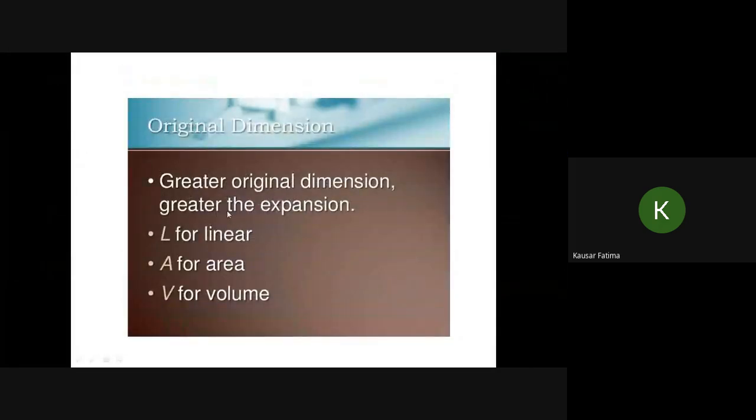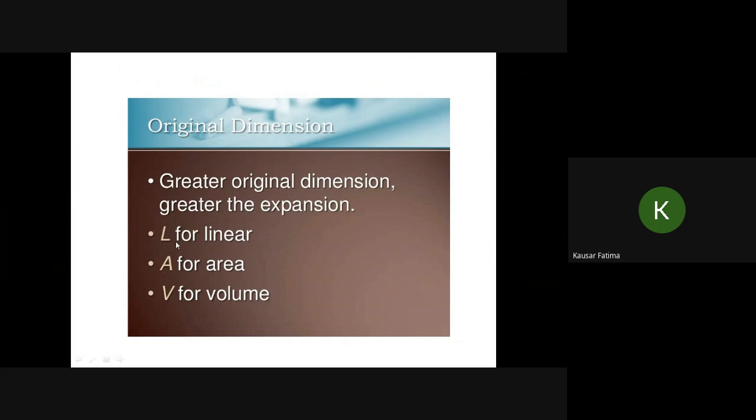Greater the original dimension, greater the expansion. Initial length, initial volume. Okay, when we talk about increase in the area, we take initial area. If we talk about the linear expansion, lengthwise expansion, we take L. Otherwise, for volume, we'll take V.